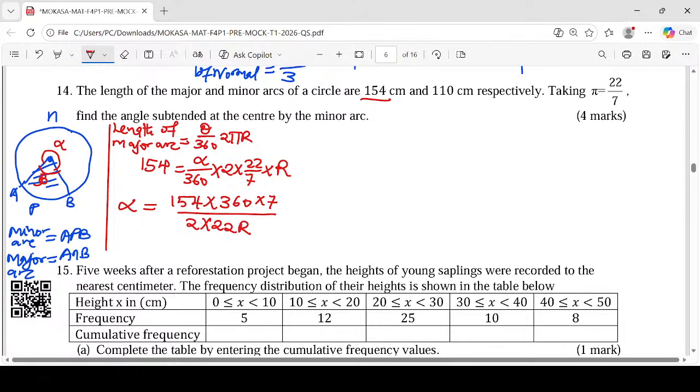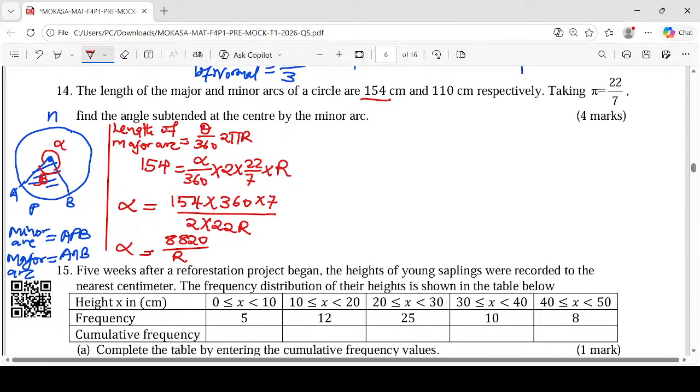Are we leaving it at that point? We can refine it further: 154 times 360 times 7 divided by 44 gives 8820 over r. So the value of alpha is 8820 over r.